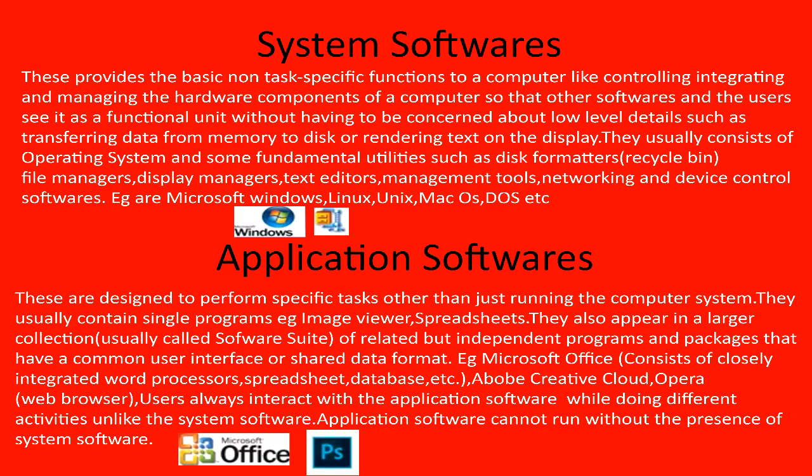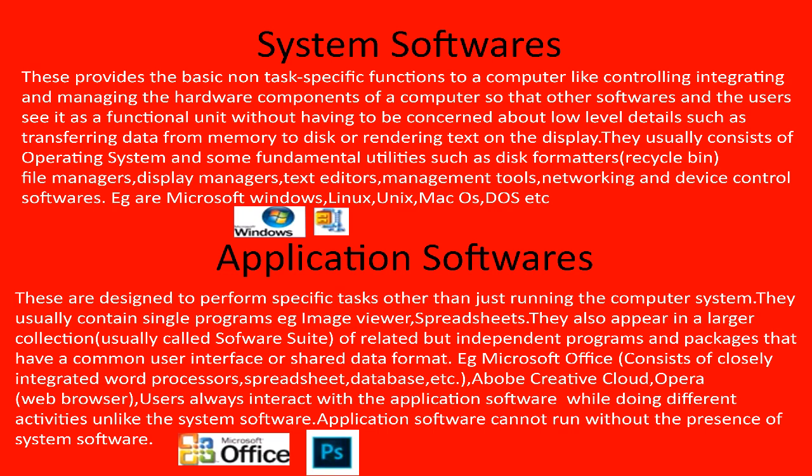And application software is designed to perform specific tasks other than just running the computer system. They are usually single programs. For example, we have the image viewer, spreadsheets, and word processors.